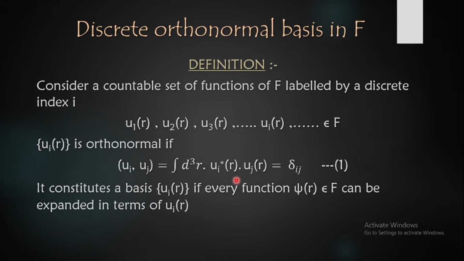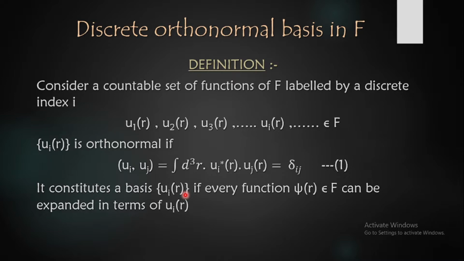The set ui of r constitutes a basis if every function xi of r which belongs to the field F can be expanded in one and only one way in terms of ui of r. Here the basis, that is the set ui of r, is sometimes said to be a complete set of functions.